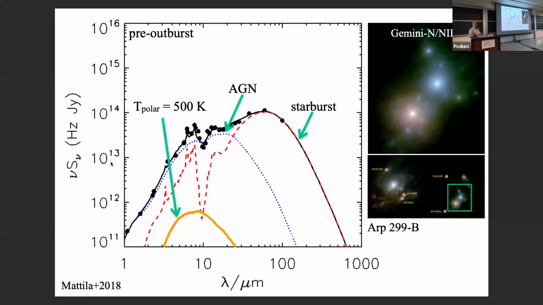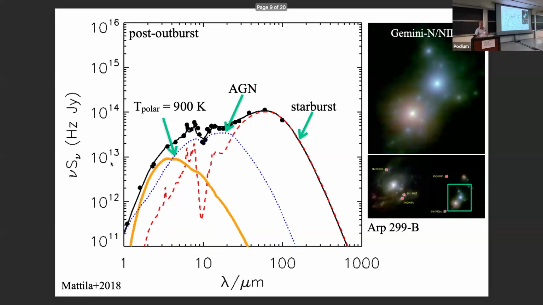In ARP299, we have an important AGN as well, in addition to the starburst, as is the case in many other examples of luminous infrared galaxies. And then what we see here is this hot dust component, which we interpret as re-radiation by dust clouds in the polar regions of the dusty torus around the AGN.